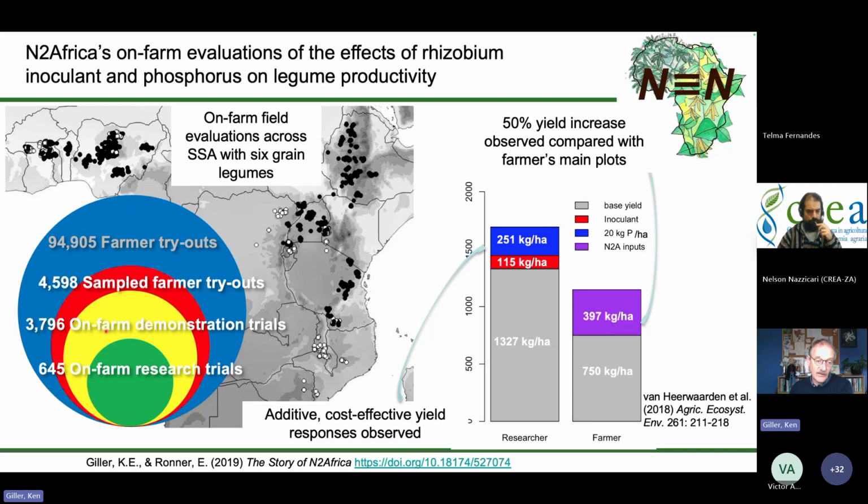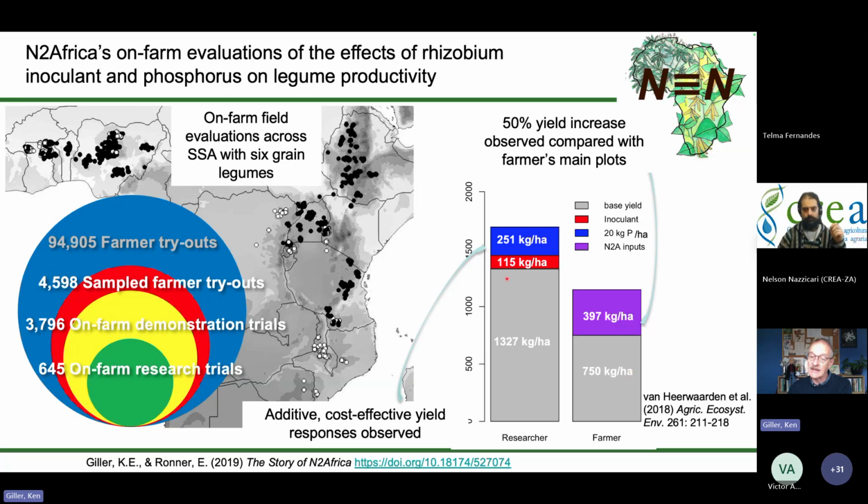We had another 4,000 demonstration trials, some 645 on-farm research trials, which were more detailed. And our overall effects then, if you compare researcher yields to farmer yields, showed definitely 50% yield increases in the technology plots compared with farmer plots.